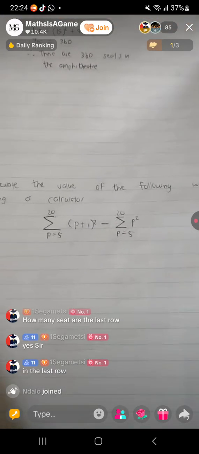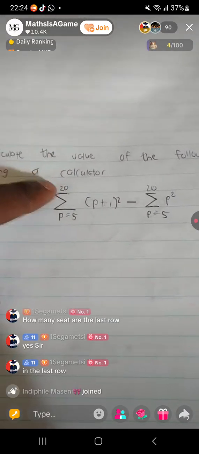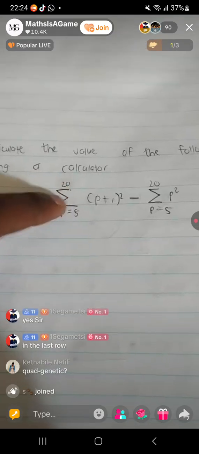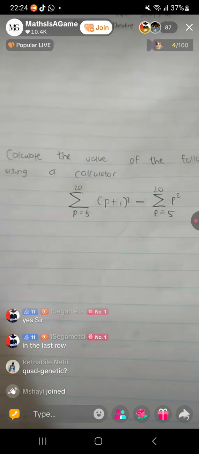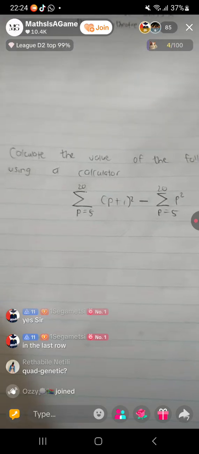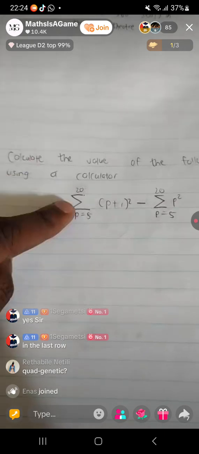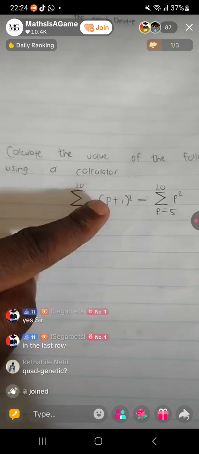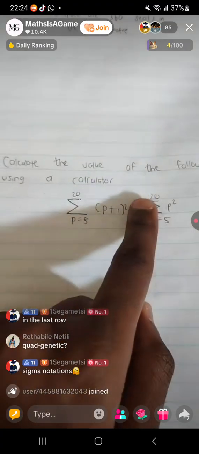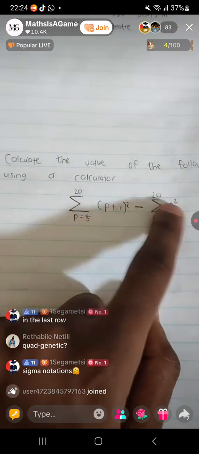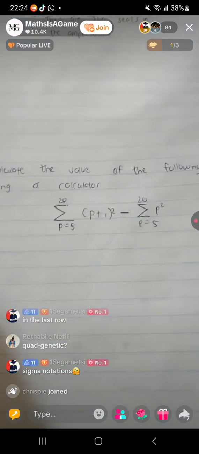So there, guys, we have the sigma from P equals 5 to 20 of (P plus 1) squared, minus the sigma from P equals 5 to 20 of P squared.